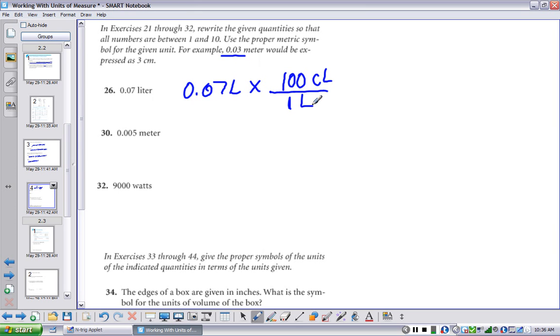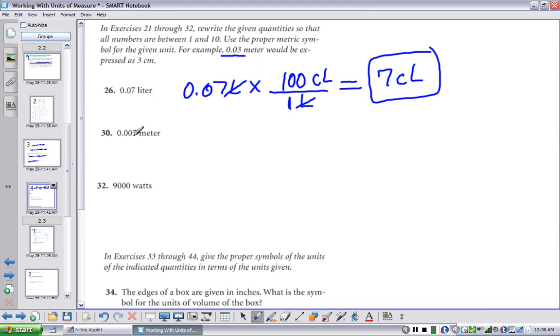And don't let liters get you confused, because you can think about meters. You can think about there are 100 centimeters in 1 meter. All we're doing is changing the unit of measure here to centiliters instead of meters. So our liters cancel, and if we multiply 0.07 times 100, then we get 7 centiliters. Remember, they want these numbers between 1 and 10.